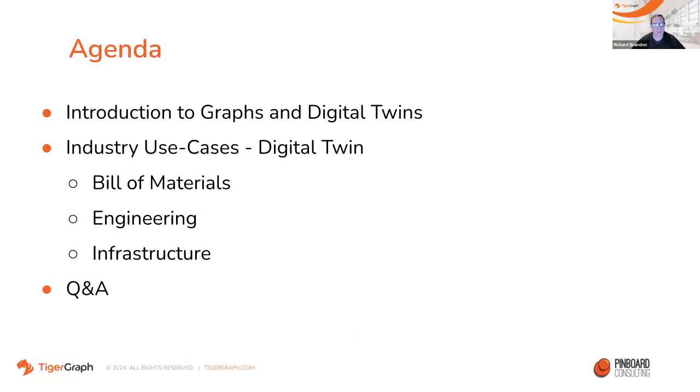So I'm just going to cover the agenda off quickly. The agenda for today, first of all, an introduction to graphs and digital twins, including what exactly is a digital twin and why graph is best placed to solve the digital twin puzzle. Then we'll go on to some industry use cases for digital twins, so view from the industries, and this is going to be covering three main industry areas, so bill of materials, an engineering use case, and an infrastructure use case.